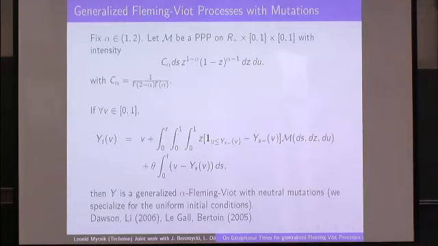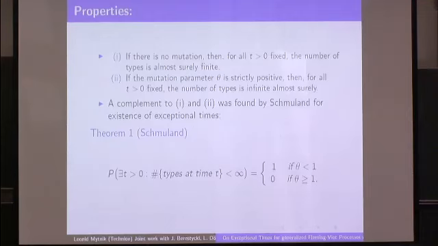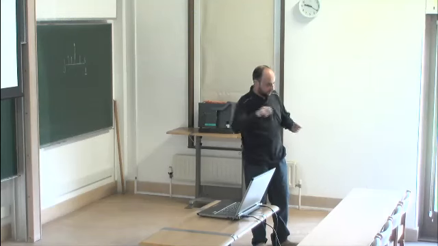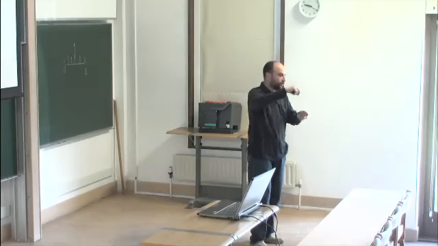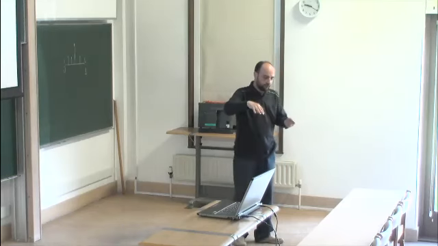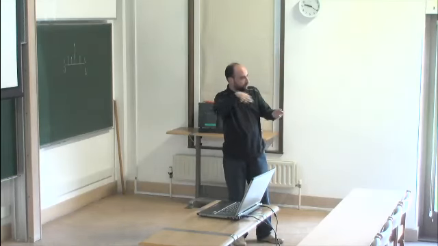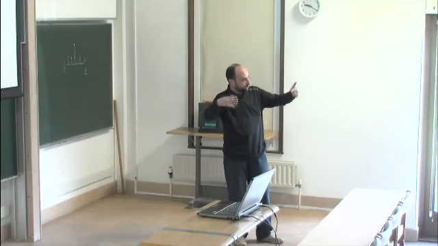So I guess the model is clear. By the way, I just wanted to say that the theorem of Schmuland was proved via a Dirichlet form technique. There's another characterization of the process, which in a sense says, let's take all the atoms and put them in decreasing order, and then you have some kind of infinite number of diffusions.